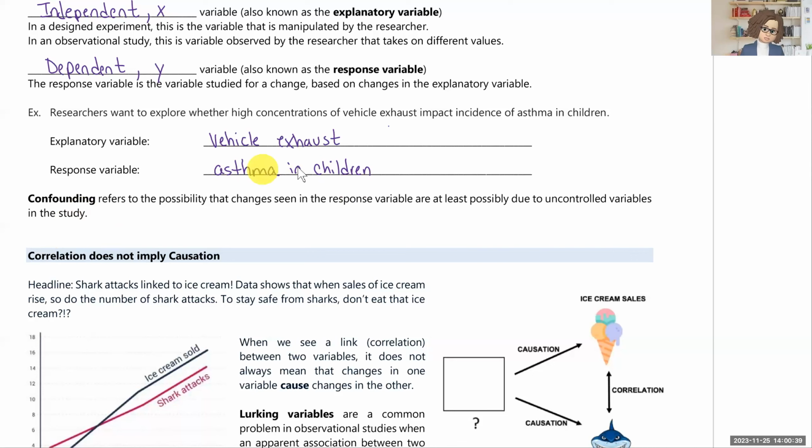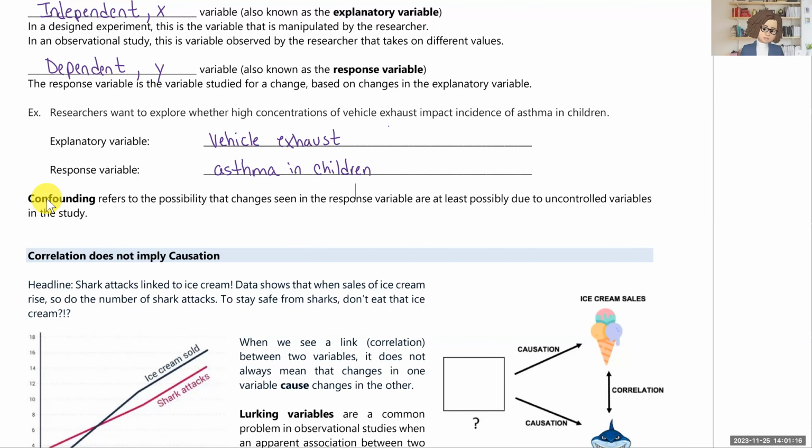So if we're wondering whether vehicle exhaust contributes to asthma, perhaps another factor is involved: those children living with a high concentration of vehicle exhaust perhaps also live in an area with high industrial pollution. So if they're exposed to both in high concentrations, how are we going to distinguish which one may be leading to a higher incidence of asthma? So that's the deal with confounding.